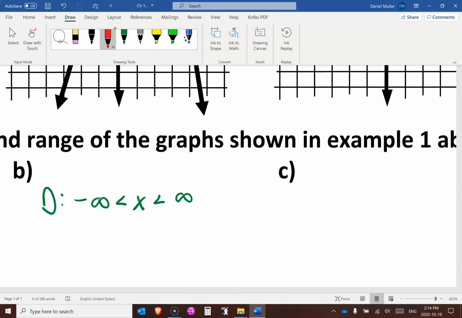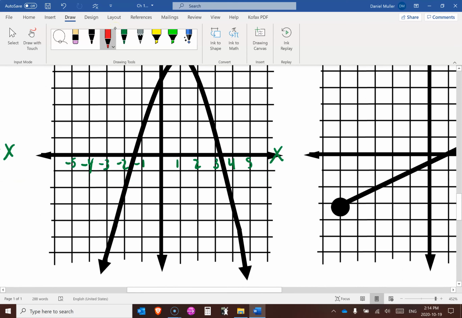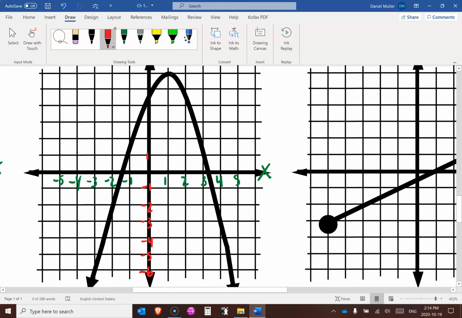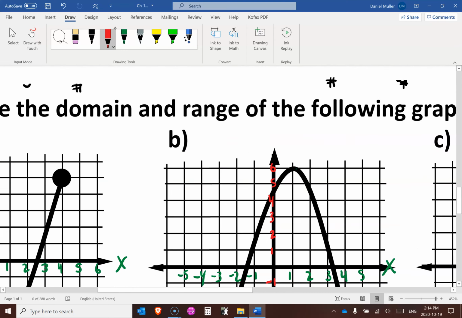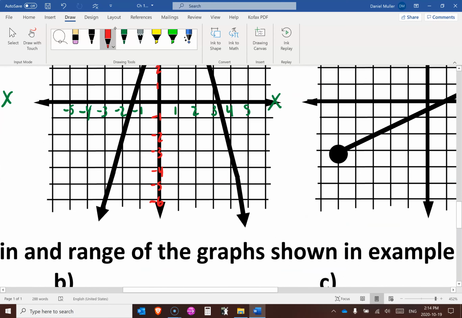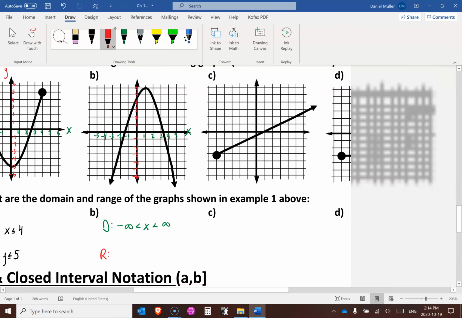Now for range. I need to know how low does this thing go and how high does this thing go. -3, -4, -5, -6. 1, 2, 3, 4, 5, 6. So my thing here is the lowest number on the left and the highest on the right. So how low does this thing go?